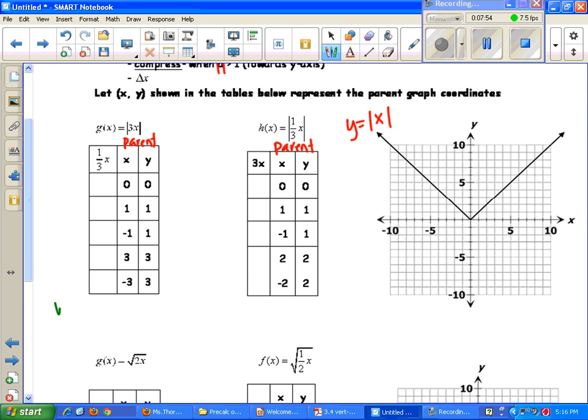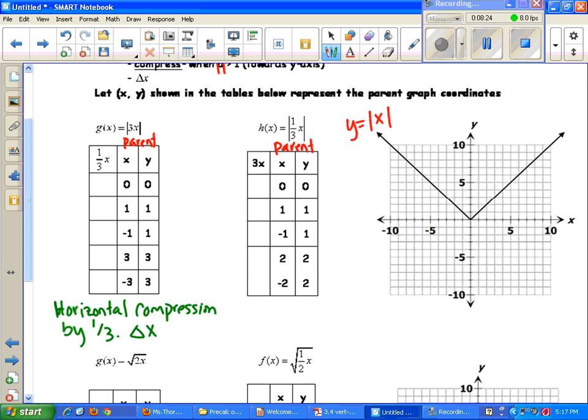So horizontal compression by 1/3. And remember, we said before, when you're horizontally changing something on your graph, you're going to change your x values, your y values are going to stay the same.